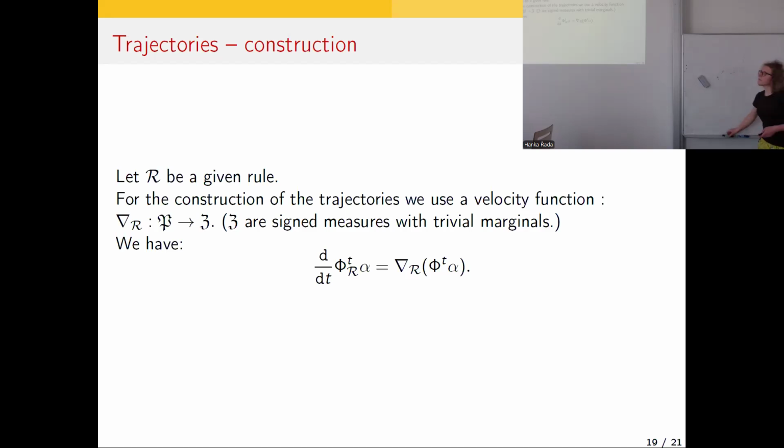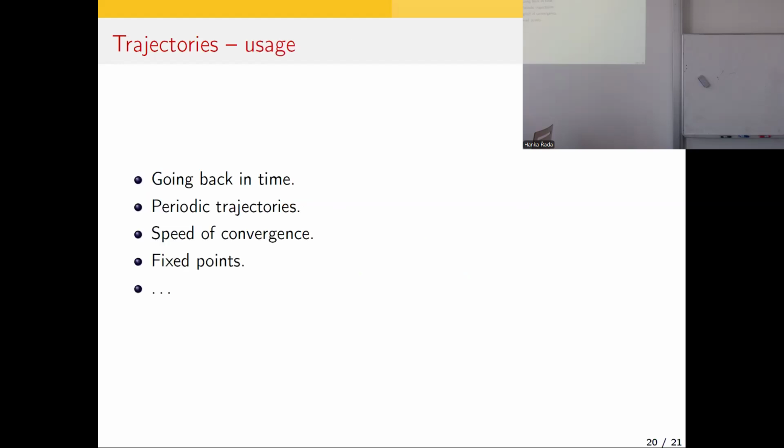We can compute them, and using them we can find the trajectories. Why is this good, and how can we use it? We can, for example, go back in time. Now we have this permuton and this process, but was there some permuton from which this was given by this process?